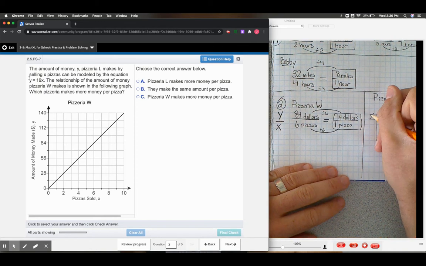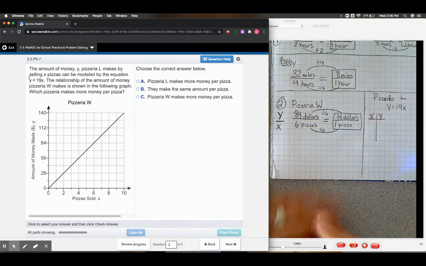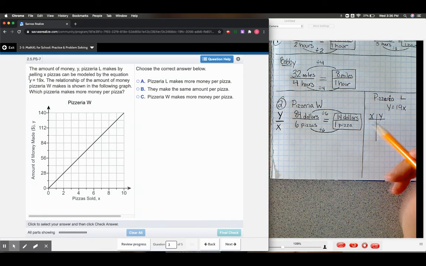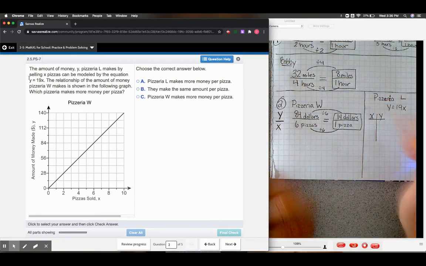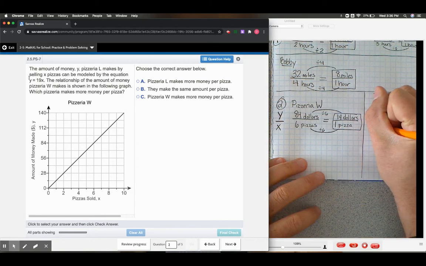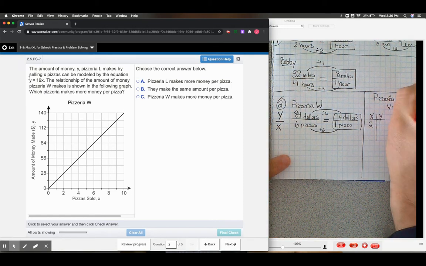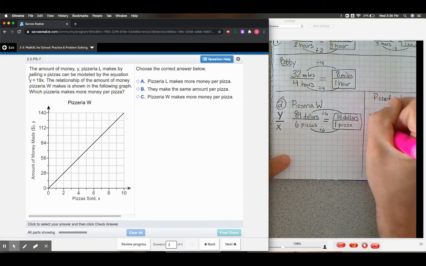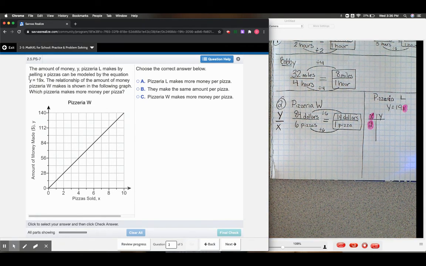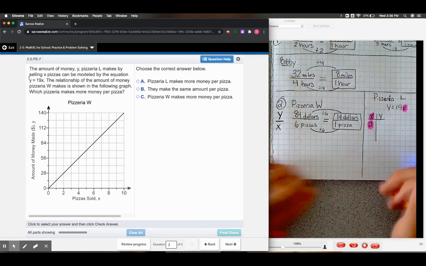X always comes first, y second. And when I have an empty table, I get to pick the numbers for X. So maybe I'm having a few friends over and I'm thinking, I gotta order 2 pizzas. I'm telling myself in the equation, I see X is right here. We're calling X 2. In this example, you can pick any number. I'm picking 2.